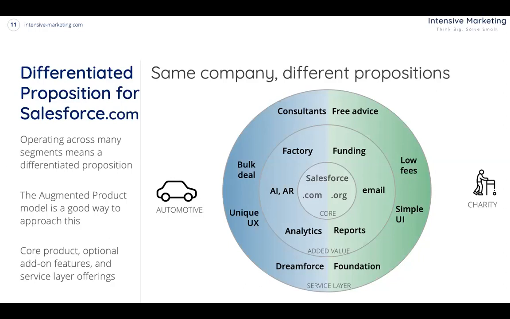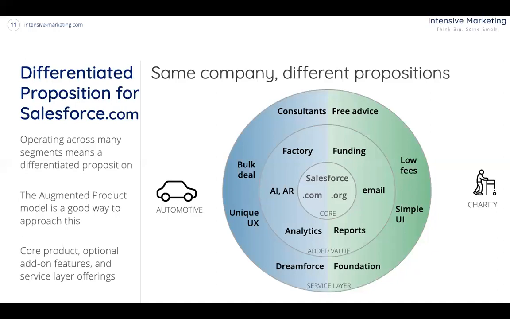And if you think about how they bring those communities together, from a corporation point of view, Dreamforce is the massive conference where people pay a fortune to go to San Francisco. Well, maybe not quite in the future, but they paid a fortune to go to San Francisco to go to Dreamforce to hear how businesses are evolving. Whereas it's a more friendly foundation that helps and guides charities to get the best out of what they're given.